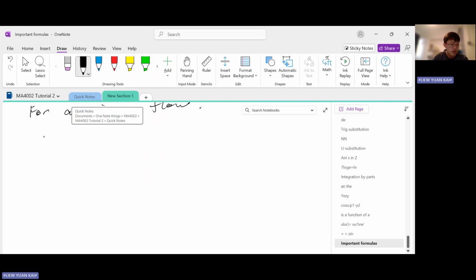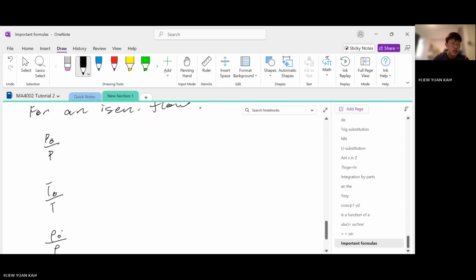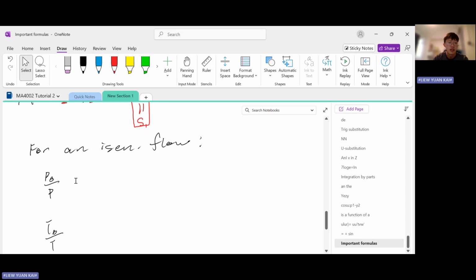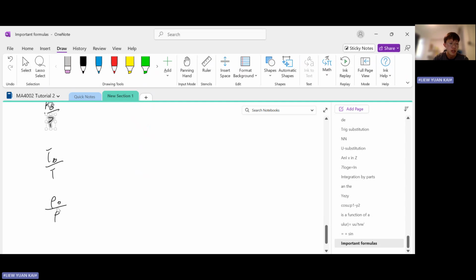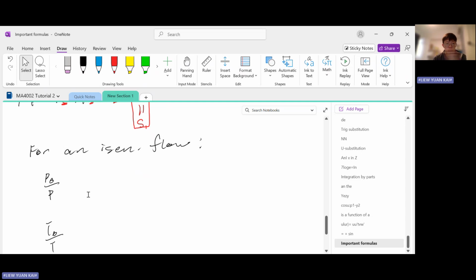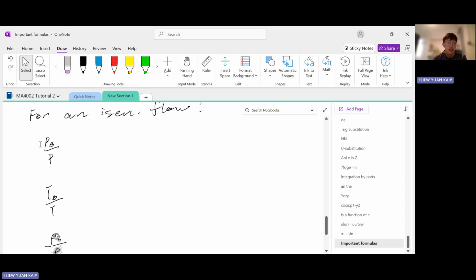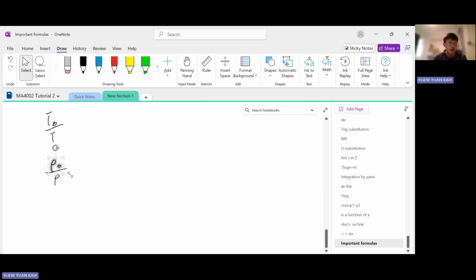For example, this and this and this. Okay, so you know at each point of the flow there is some pressure, there's some temperature, there's some density, and you know that each point of the flow can be brought to its local isentropic stagnation state, okay, namely P naught, T naught, and rho naught.